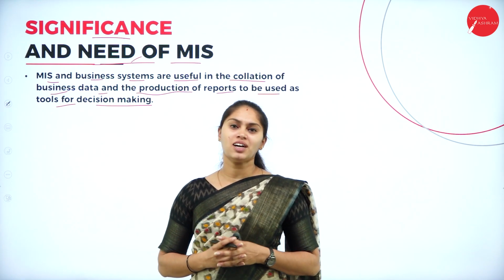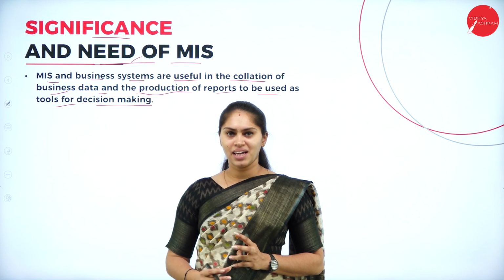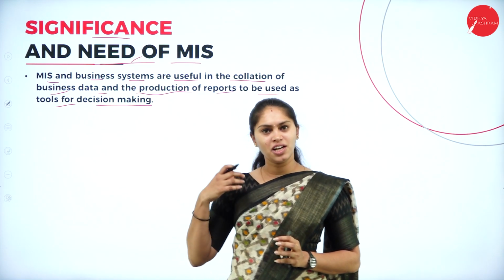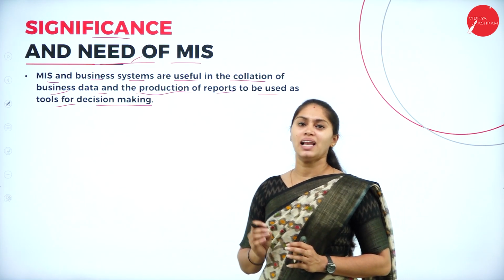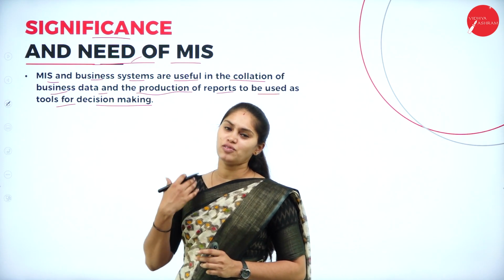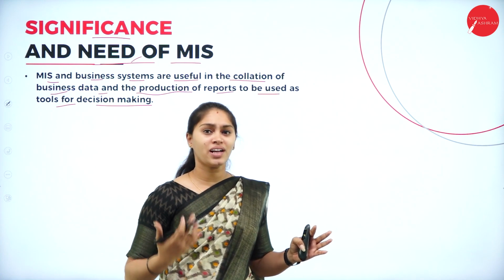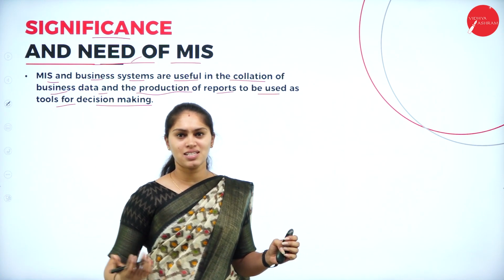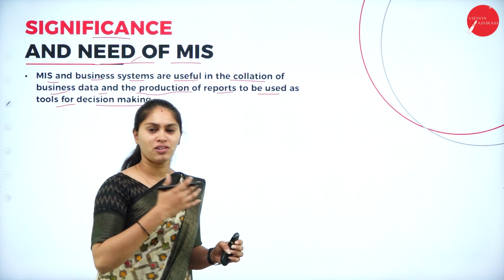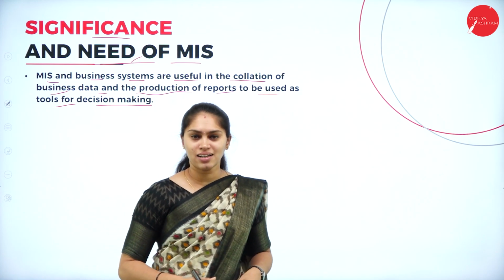Here also, why are we going to have this MIS? The main significance is that I want to make the best decision, which will help my organization and my enterprise. How can I do that? I don't know what happened previously. I don't know what will be the future of this market. I don't know what is currently happening.